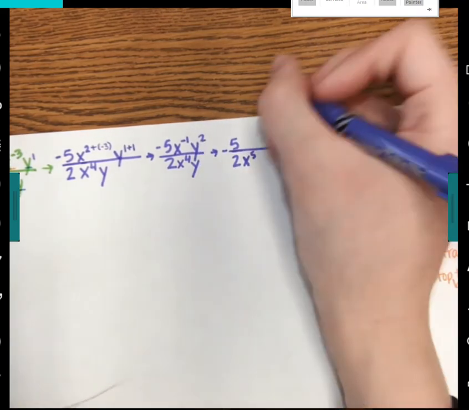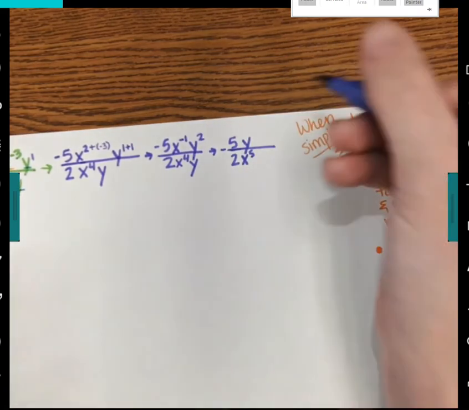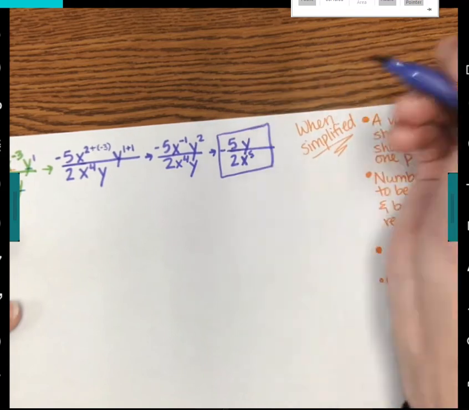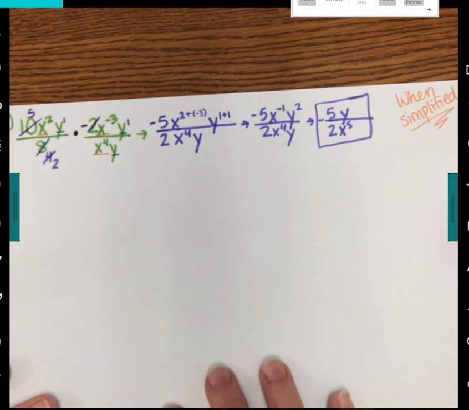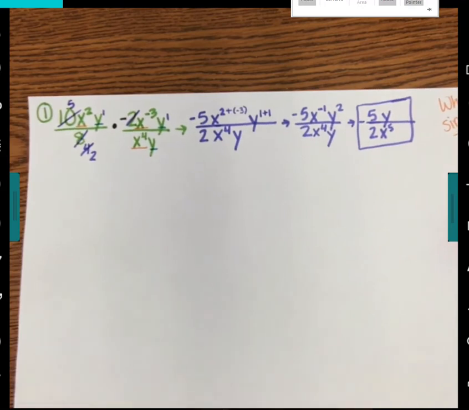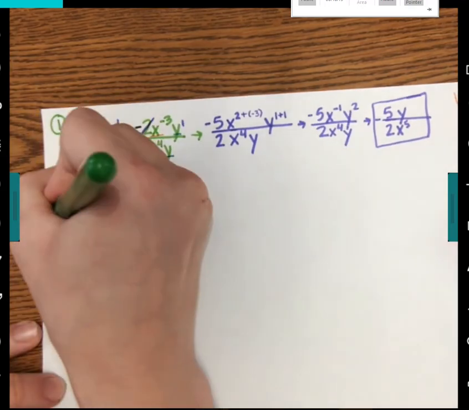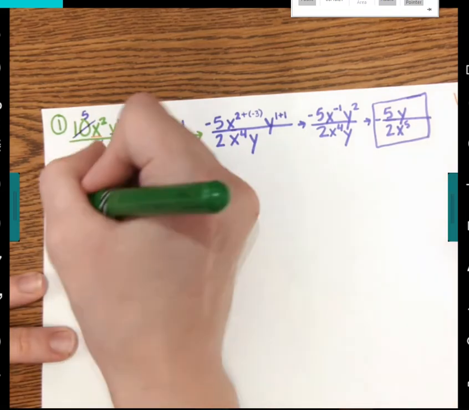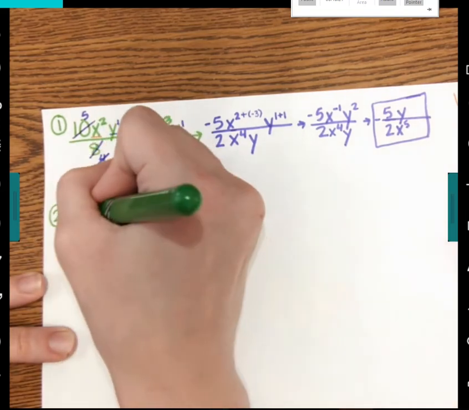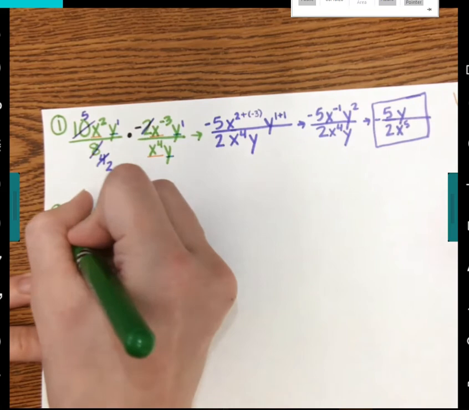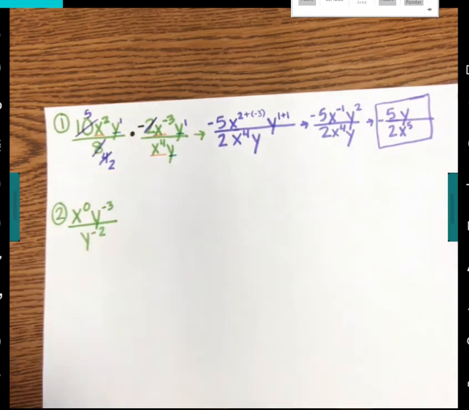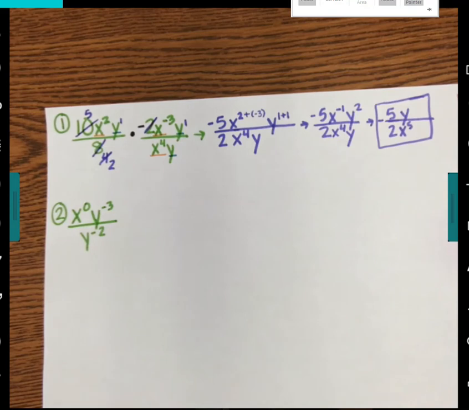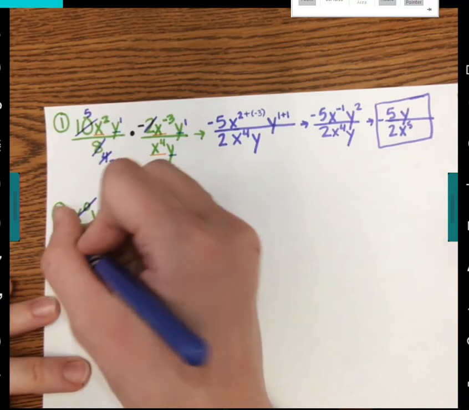Then here, numerator wins by 1 point. So anything to the 0 power just cancels out.